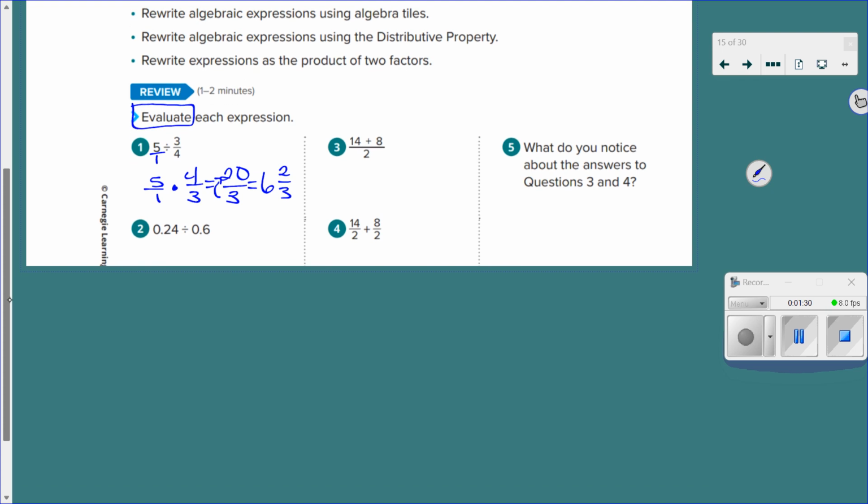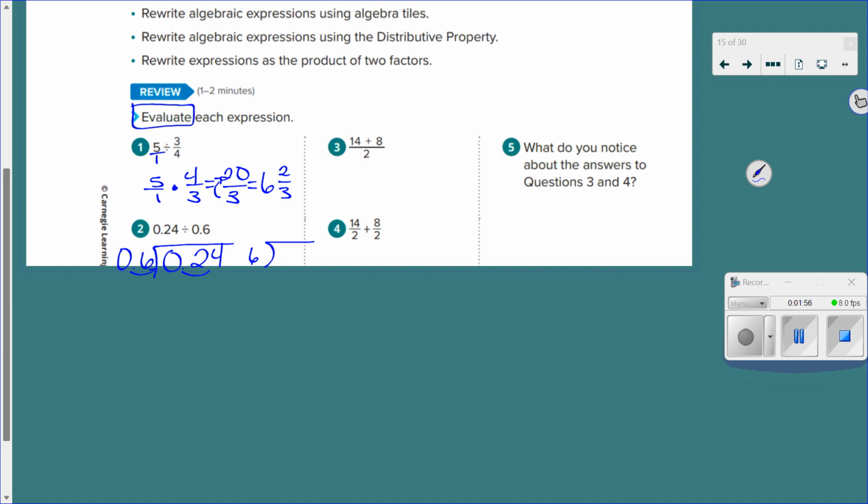All right, number 2. Your first one goes inside the house because it's the winner. And the second one goes outside. So what do I do now? I have to make my outside decimal a whole number. So I move it once to the right, and that gives me 6. Then what am I doing with the inside decimal?